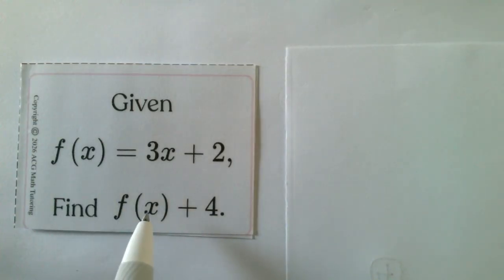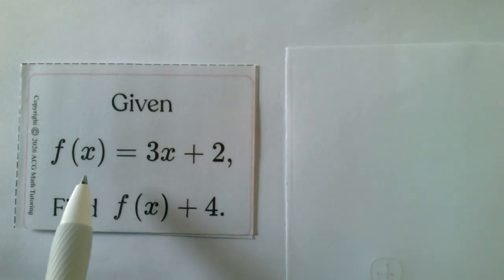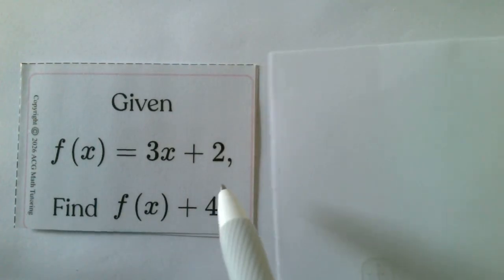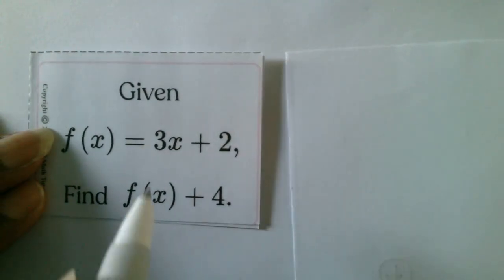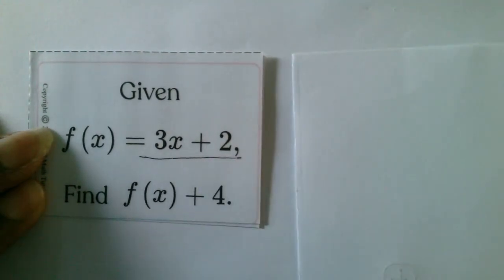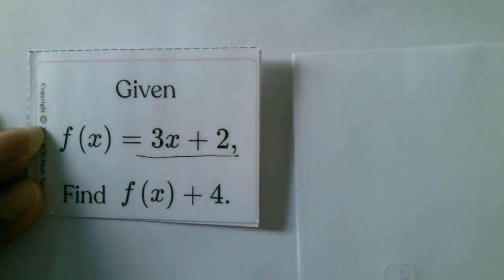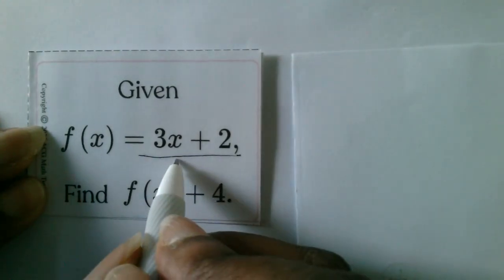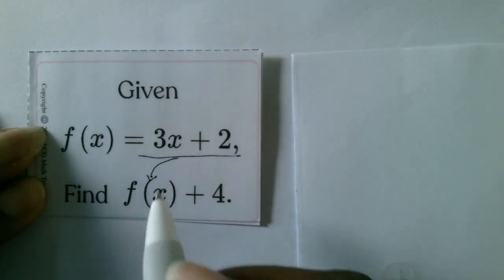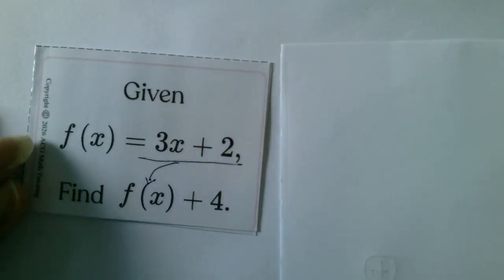So we're not substituting anything because it already has an x. This is saying f of x plus 4. They're giving us what f of x is, which is our 3x plus 2. So this time, we're switching it up. This is supposed to come and take the place of f of x.